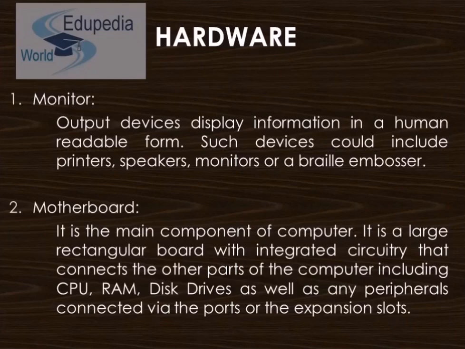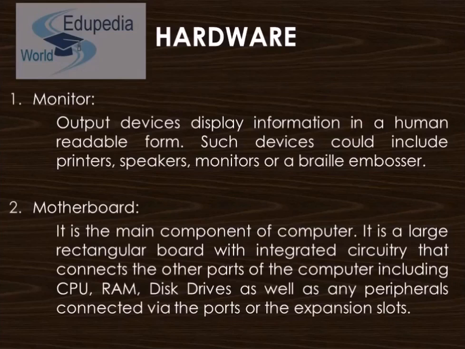All these output devices include printers, speakers, monitors or a braille embosser, where a braille embosser is a special hardware device, you can say, for the hearing and visually impaired persons, so that they can easily understand the output as well. Now at number 2 we have the motherboard, which is the main component of the computer.